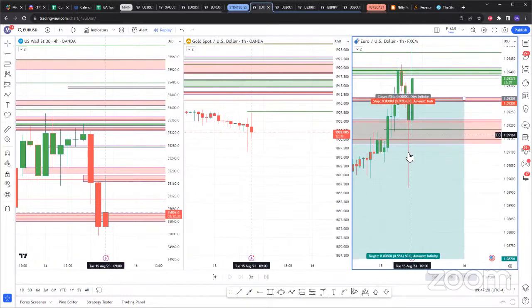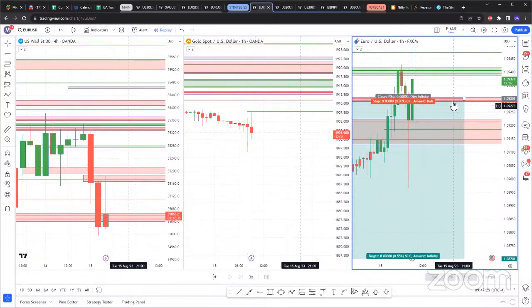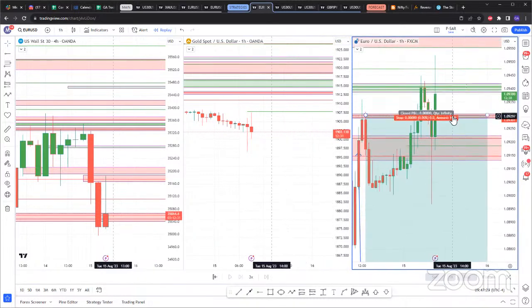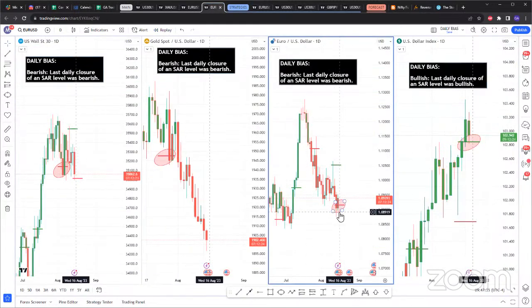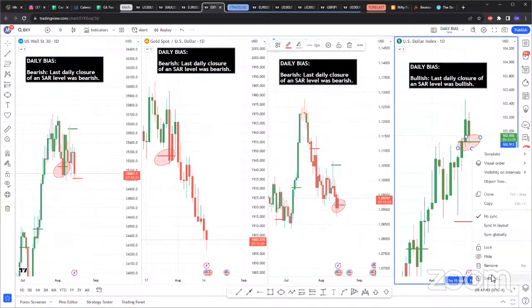Today during news, it dropped down heavily, reached that 1:1, and break even was set. But this is still an area, because you can see this is the double sell, and our daily bias on EU is still a bearish bias. So let me know if you guys have any questions on that.